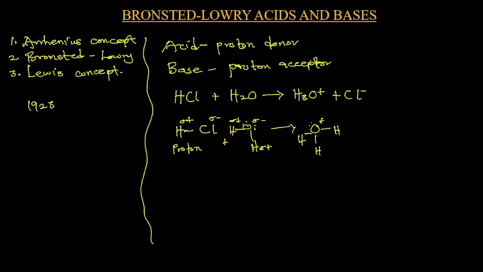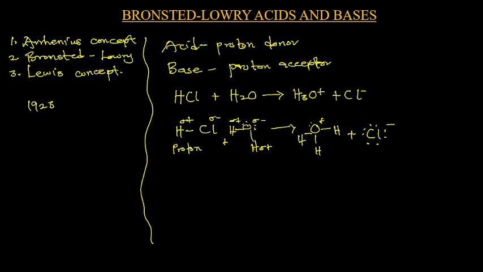So what actually happened is that the hydrogen here loses its electron to chlorine. So we'll have chlorine surrounded by electrons and now carrying a negative charge. Now remember we said when a hydrogen loses its electron, it becomes a proton. Now that proton is connected to oxygen.